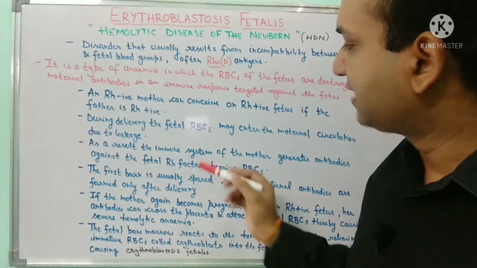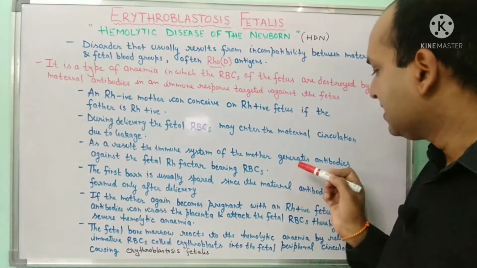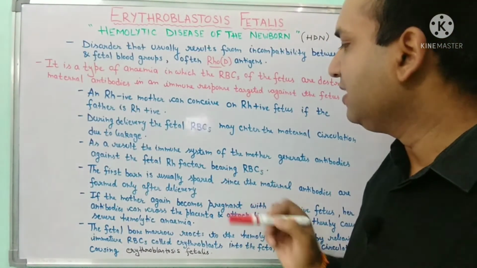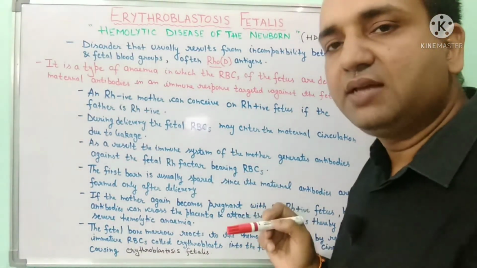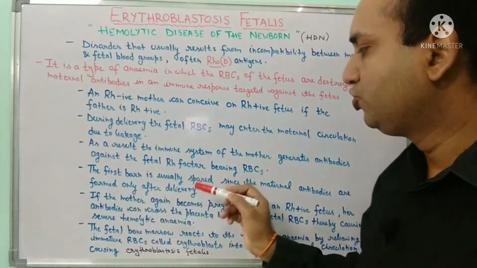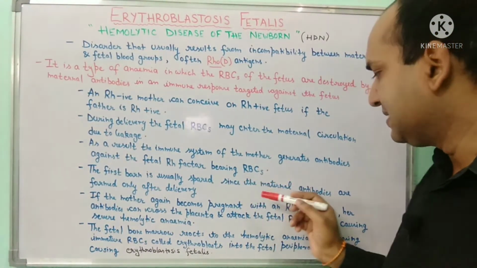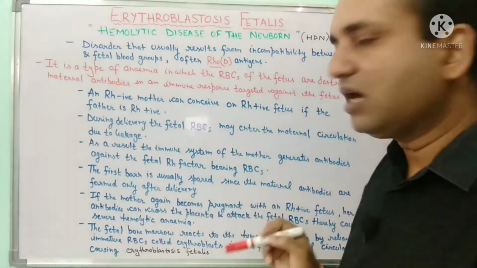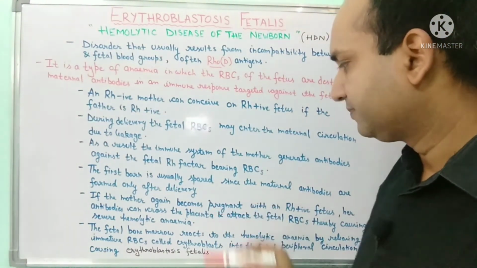As a result, the immune system of the mother generates antibodies against the fetal Rh factor bearing RBCs. The firstborn is usually spared since the maternal antibodies are formed only after the delivery.